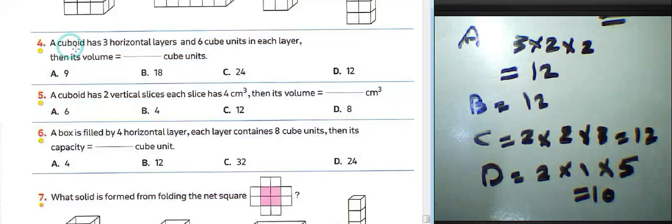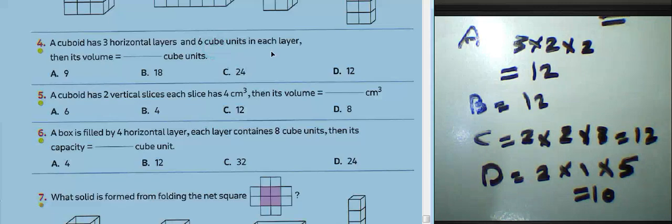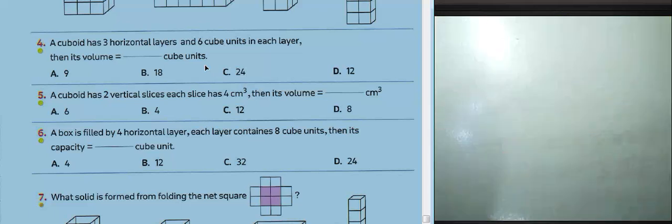Question number 4. A cuboid has 3 horizontal layers and 6 cube units in each layer. Then its volume equals what? He asked about horizontal layers and 6 cubes in each one. 3 times 6 equals 18. Okay, understood this example? Okay, I will explain it here.